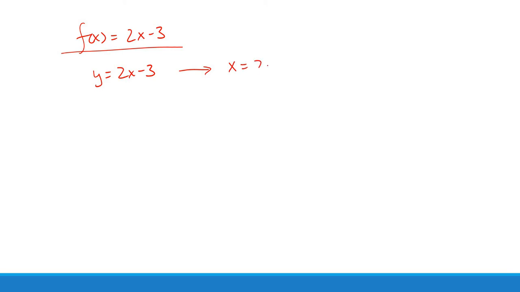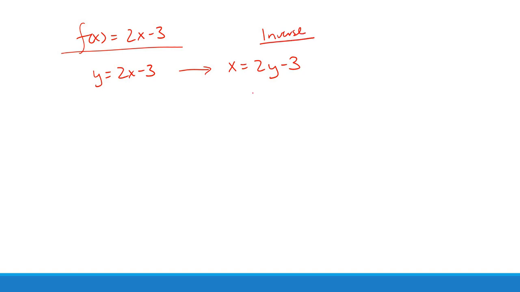To find an inverse function, let's again use the one that we had on the last screen. One way to do this is to rewrite it as a y equals x equation and then switch the x and the y. So if I make the y an x and the x a y, this is going to be my inverse.